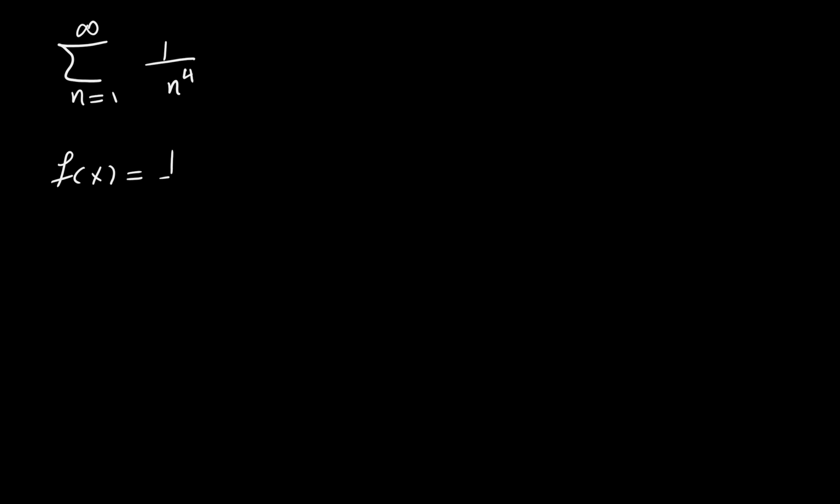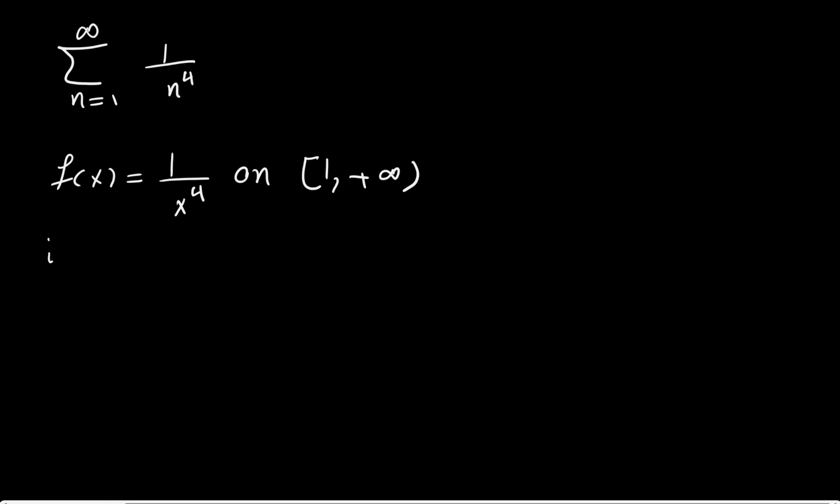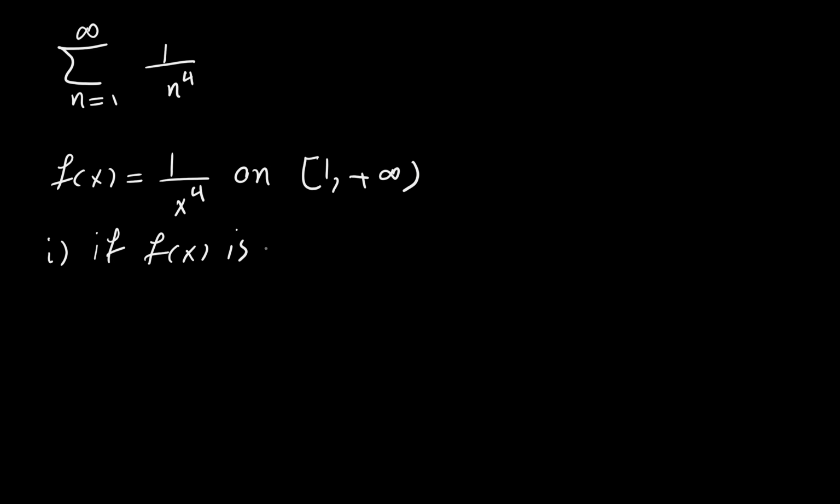Consider the function 1 over x to power 4 on the interval from 1 to positive infinity. We need to ask ourselves if the function f of x is positive on the interval from 1 to positive infinity.